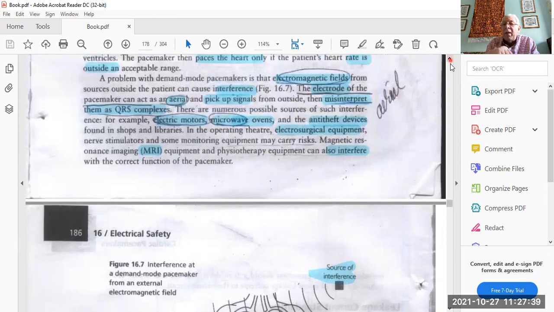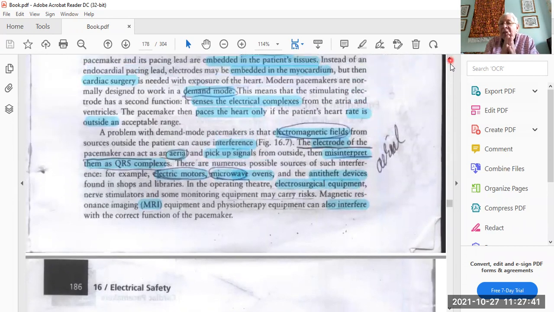Not all pacemakers have this opportunity, so whenever anything happens, the pacemaker can be affected by any electromagnetic wave coming from outside. The electrodes will act as an aerial, so they will think that the heart is contracting, so they stop. Whenever they stop, they cannot work again. The only way is to apply a magnet outside.